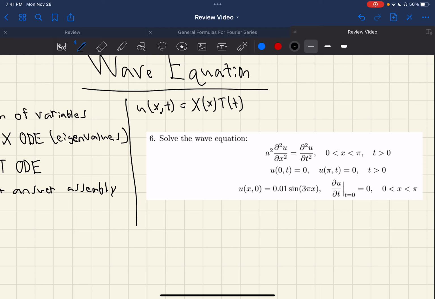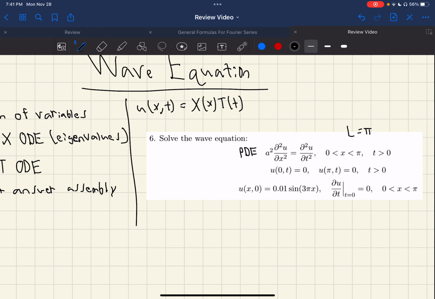And then our bounds for this are x is greater than 0 and less than pi. So we can treat pi as our L in case that makes it easier. So this equation with our partial derivatives is our partial differential equation, or PDE.